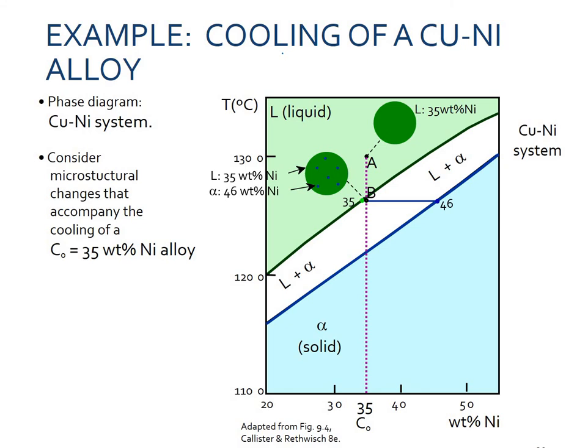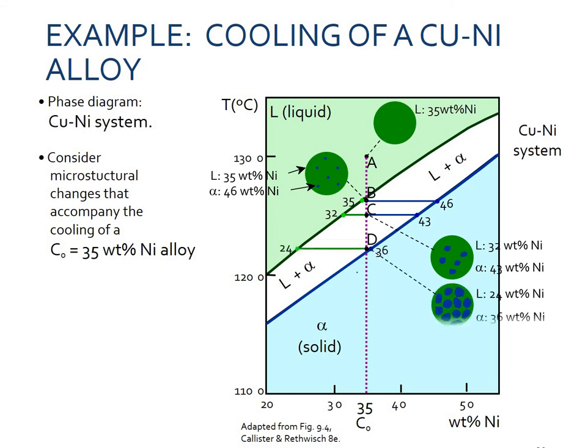Here we have around 35% nickel. While this is in the metastable state, at the next point we see that these nuclei are growing, and the size of the nuclei increases, which could be converted into grains.